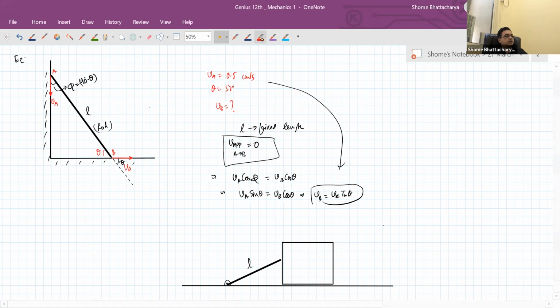Rod of length L. Now suppose we are pushing this block such that it has a velocity v naught like this. So v naught is given, L is given, and theta is given. We have to find the angular velocity of the rod.